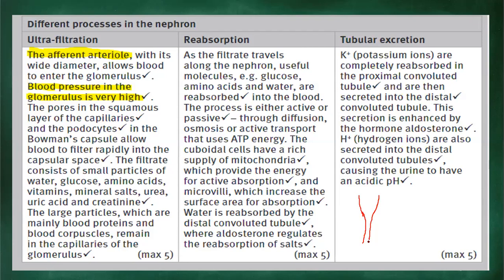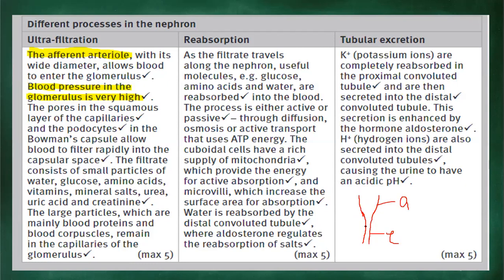Here at the afferent, it's wider, meaning there's more volume. But when it's going to the efferent, it's a narrower arteriole, narrow in diameter. Remember, I said, remember AE.